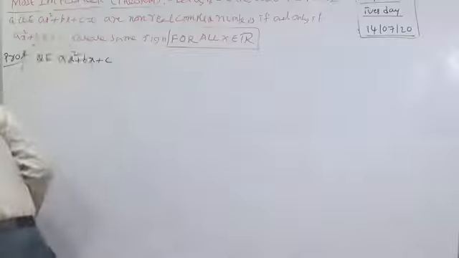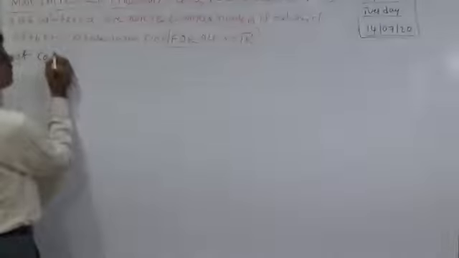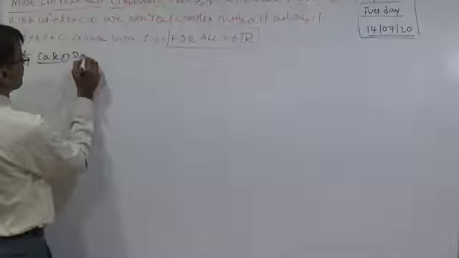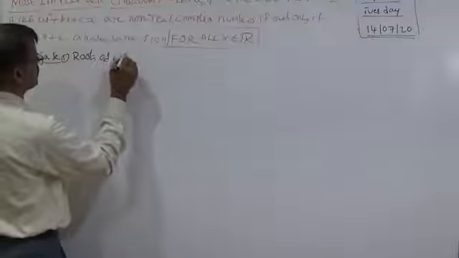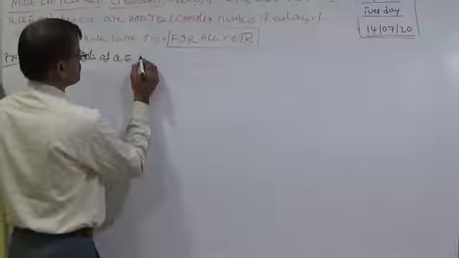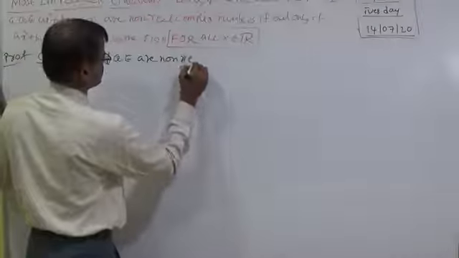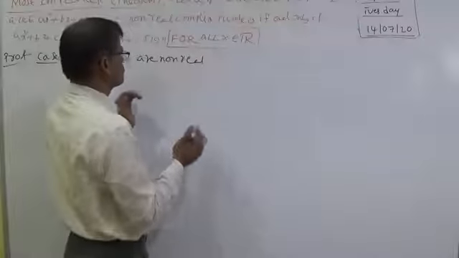Let us consider case 1. Roots are non-real complex numbers. Roots of this quadratic equation are non-real complex numbers, that means delta less than 0, that means b square minus 4ac less than 0.